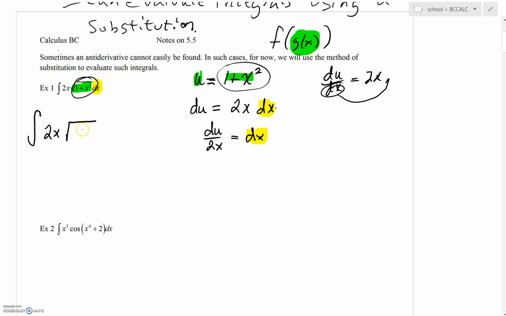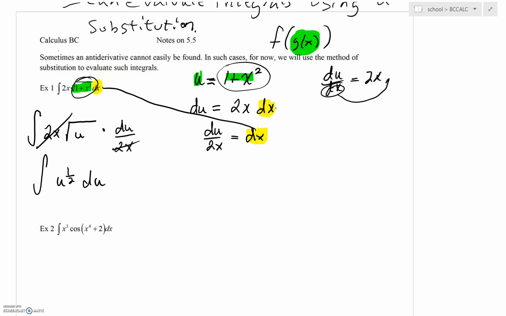So I'm going to just write a u right in here. The dx, you can see right here, is du all over 2x. So look, your 2x's cancel out. Now look at this. This is fantastic. The square root is really u to the 1/2. You've got a brand new integral, and it's much, much easier looking.